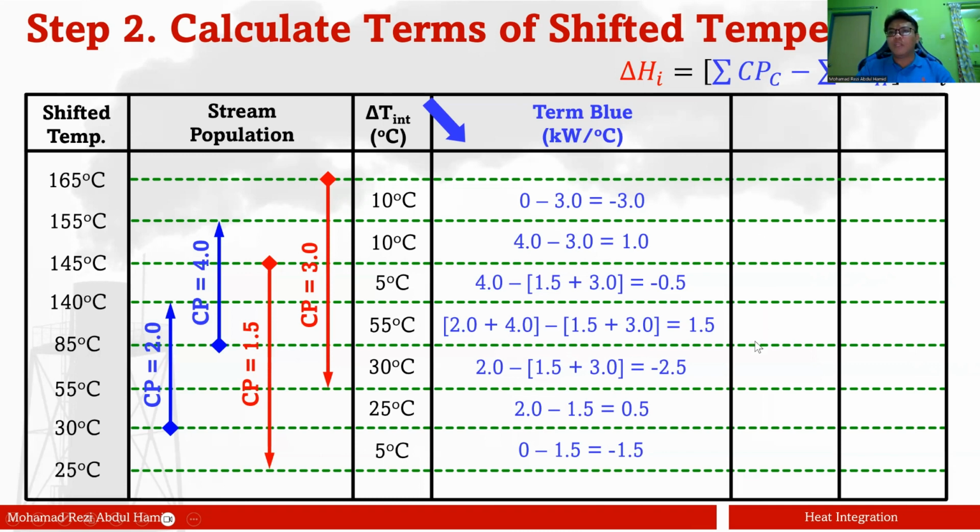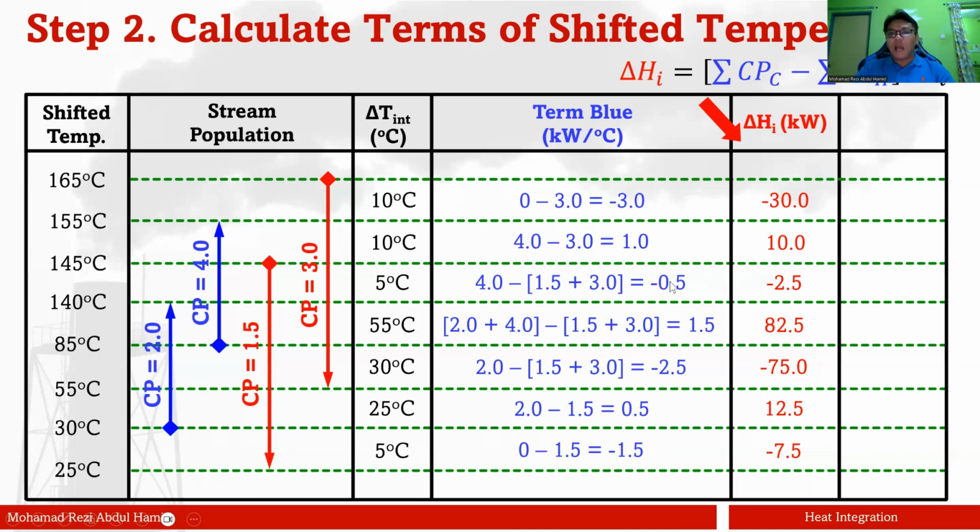Okay, what to do next? We need to populate the next column, the second last column, which is the total heat enthalpy in kilowatts for each interval. How do I calculate this? It's quite simple. It's basically the blue term multiplied by the delta T of the interval. So minus 3 multiplied by 10 is minus 30. 1 multiplied by 10 is 10.